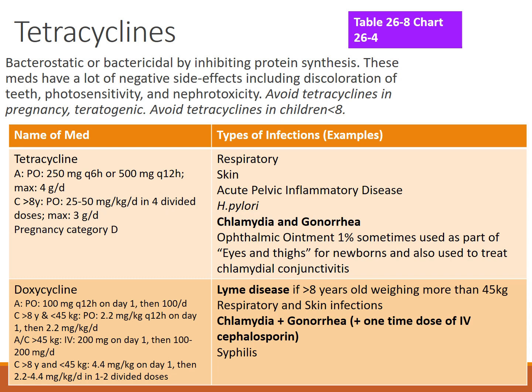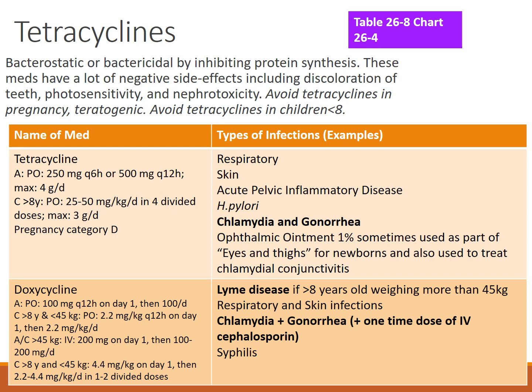And so for tetracycline, this is one of those ones we use a lot for chlamydia and gonorrhea. And it's sometimes used as the ophthalmic ointment. Instead of erythromycin, sometimes it's a tetracycline instead, as part of that eyes and thighs.